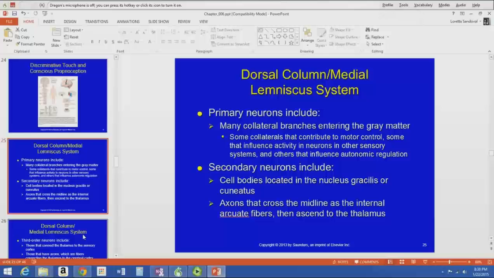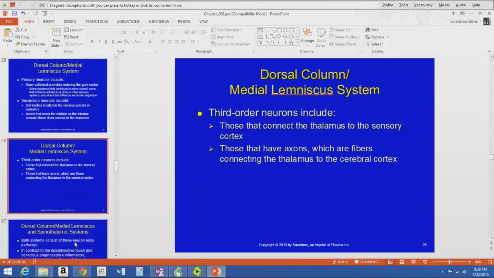I don't really need you to know where the cell bodies of the secondary neurons are, but just know that the axons cross the midline at the medulla and then ascend to the thalamus. The third order neurons have axons that are fibers connecting the thalamus to the sensory cortex in the cerebral cortex.